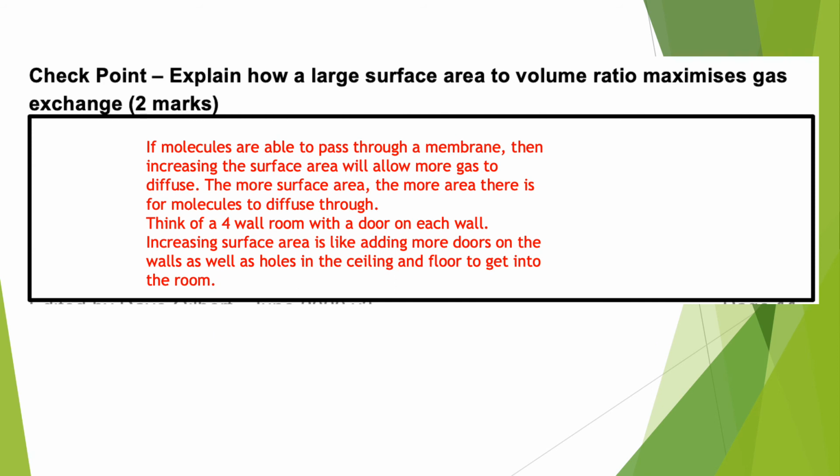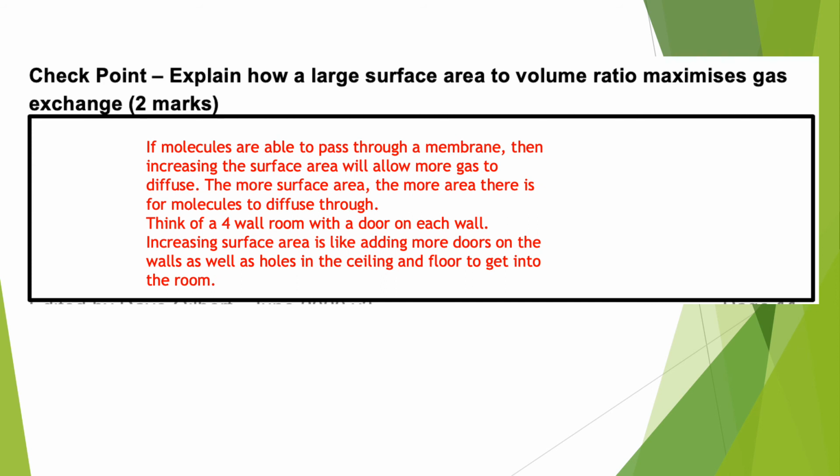So this is where I use that door analogy, okay? You don't have to write the analogy down, but I figure if I write it down, it's easier for you to write that down instead of just listening to me. So I'll explain it really quickly one more time. Imagine you're in a room with 4 walls and there's a door on each wall. So that means that there's 4 ways to get in and out of the room. And to increase the surface area, that would mean increasing the number of doors.